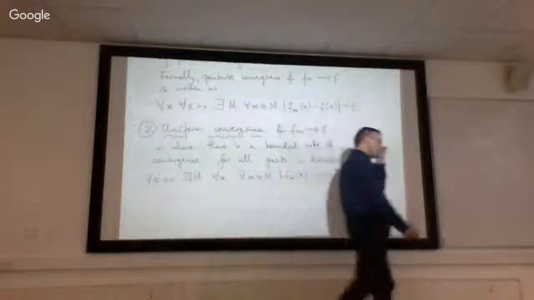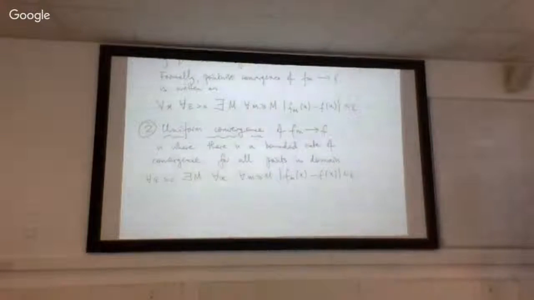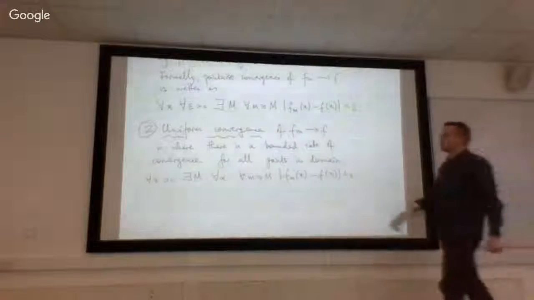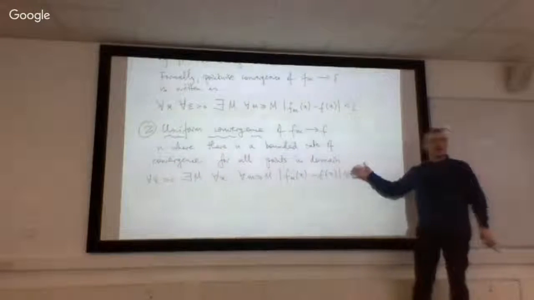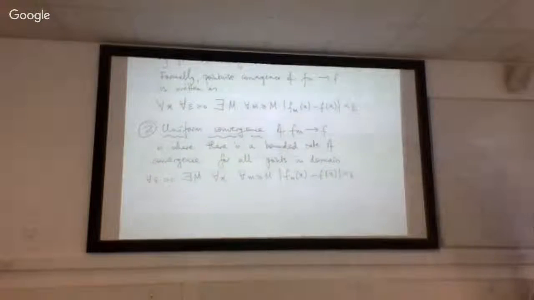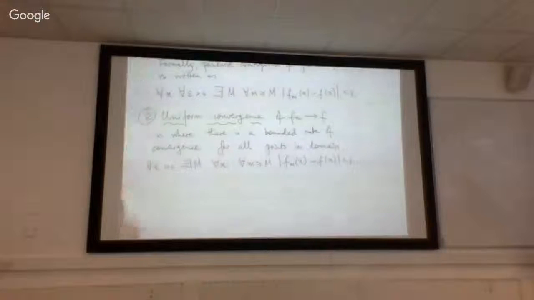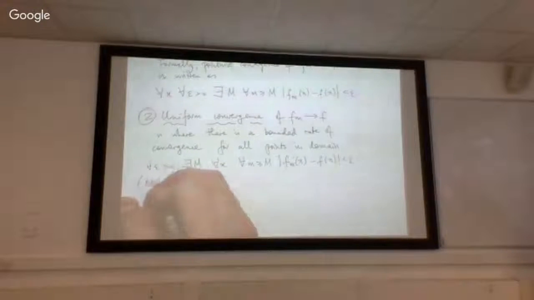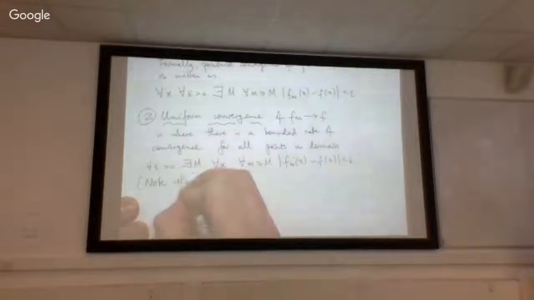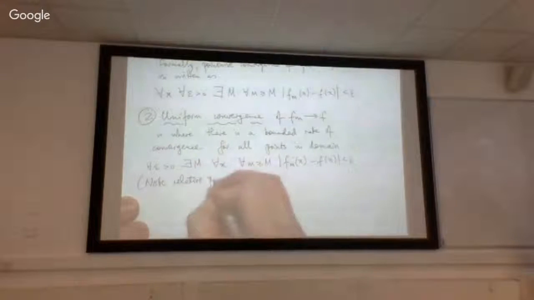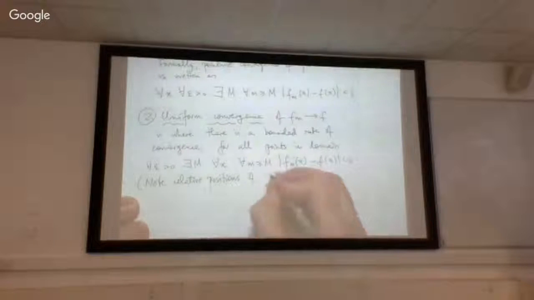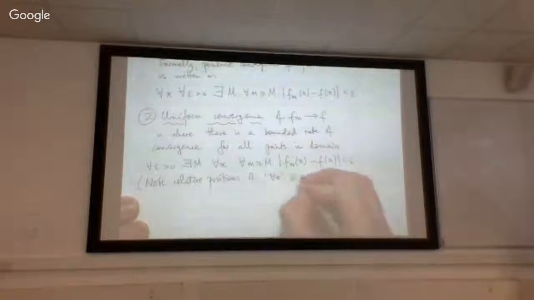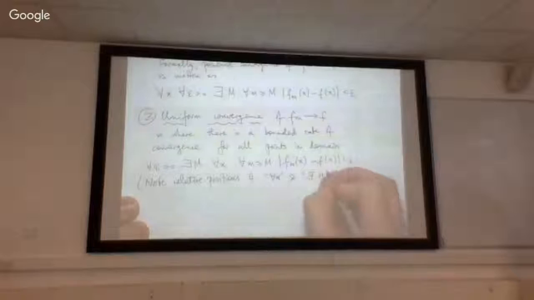Okay. So when you break it down logically, you'll see that this type of convergence is much more restrictive. It's harder to achieve. It's a stronger type of convergence. So note the relative positions. The important point is the relative positions of the for all x and the exists m.